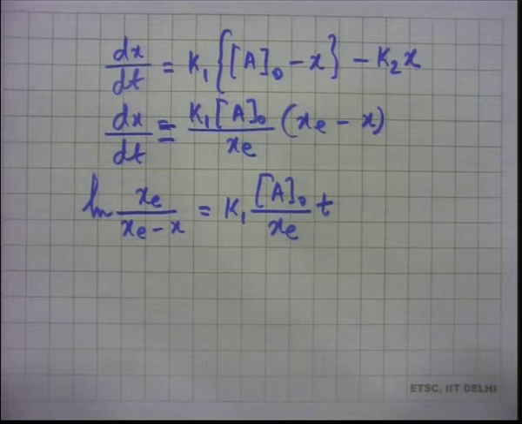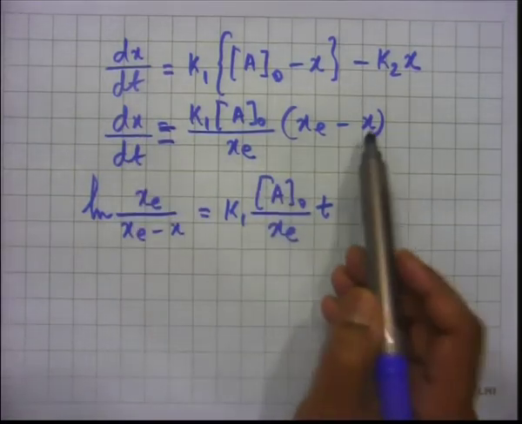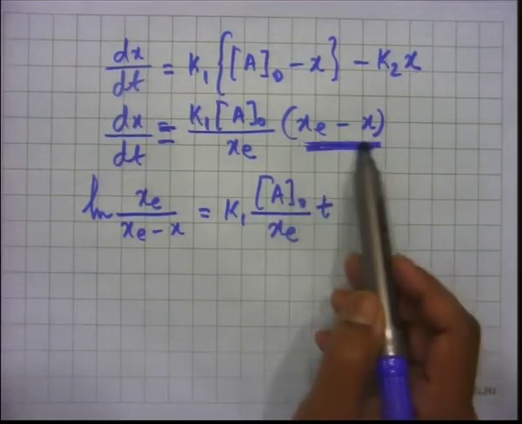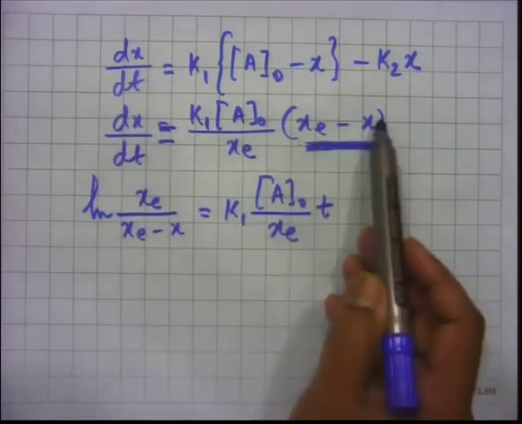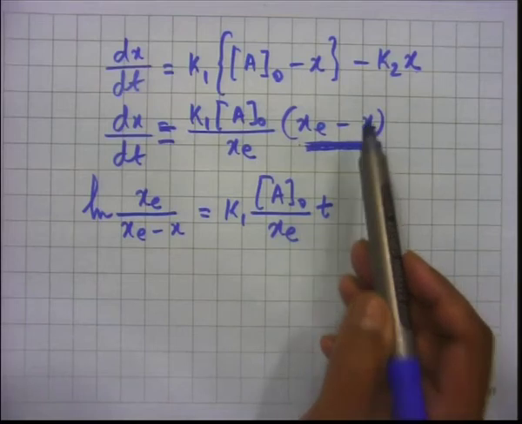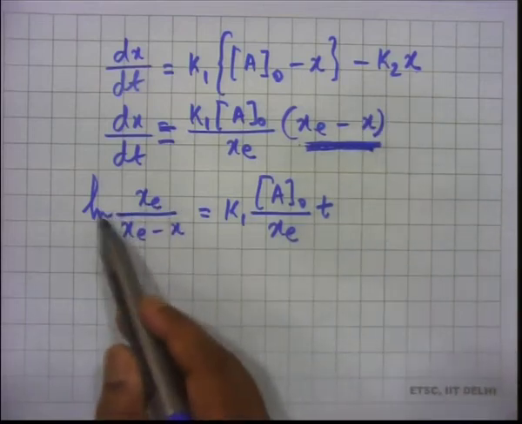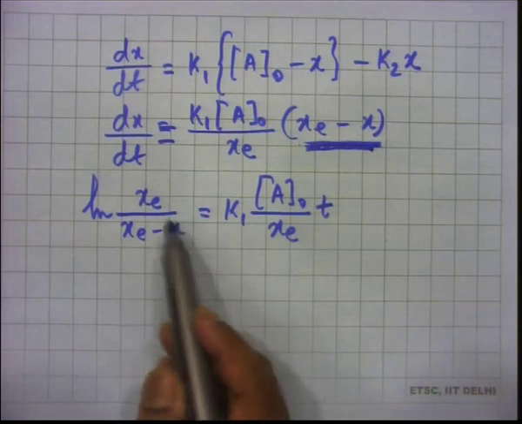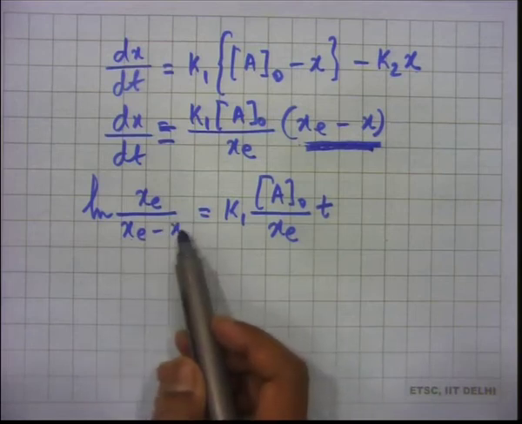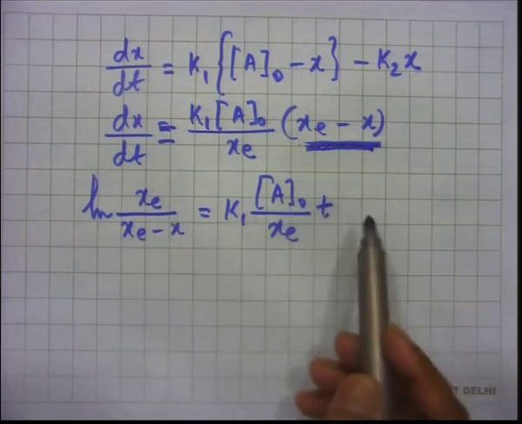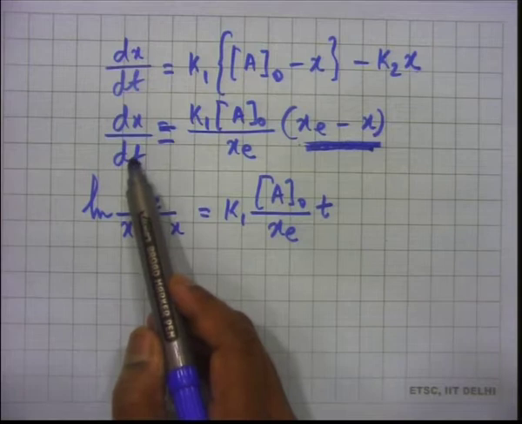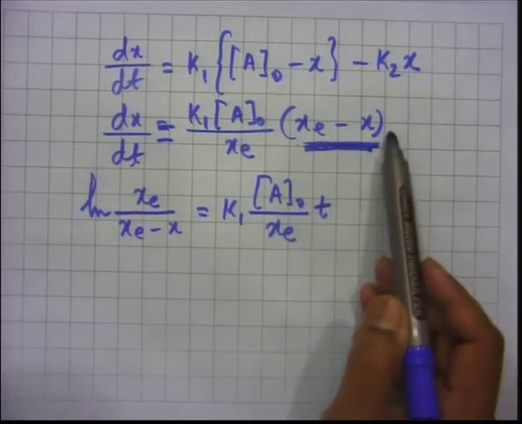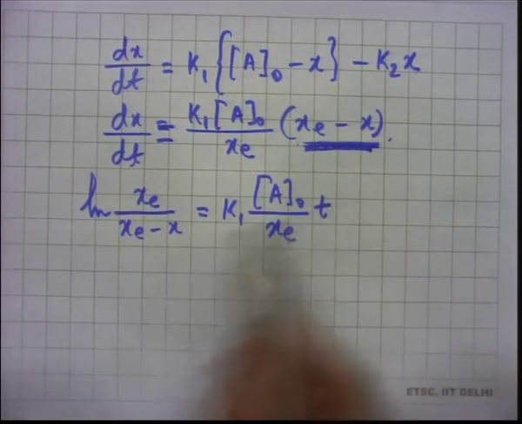We should, because we got dx dt here and we got xe minus x here. So, imagine dividing dx by this xe minus x and then integrating, then you should get log of some quantity which has xe minus x. So, that is understandable. And should you get a linear variation with time? We should, because if you take this dt from here, imagine that coming on this side, then you integrate, then we should be able to get this.